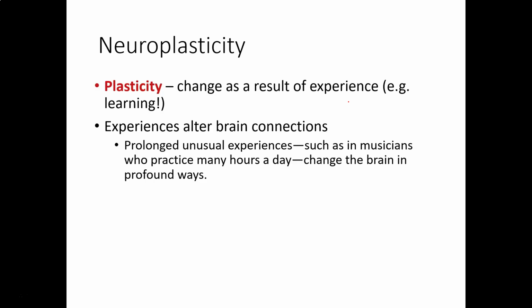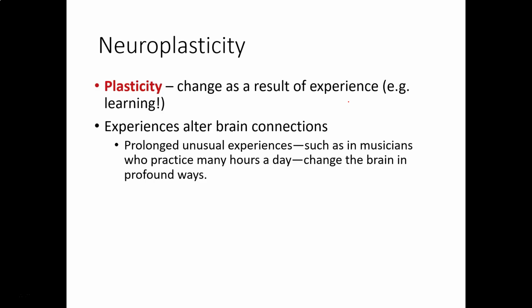And so if we become really proficient at some task, some skill, the mastery of those skills represents changes in the brain. So for example, if we were to compare the motor cortex of a musician compared to somebody who doesn't play an instrument, their brains would look very different.